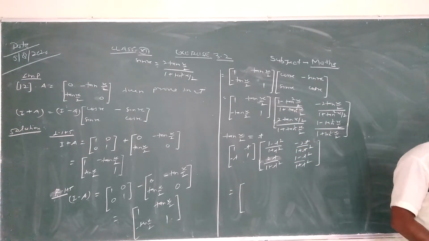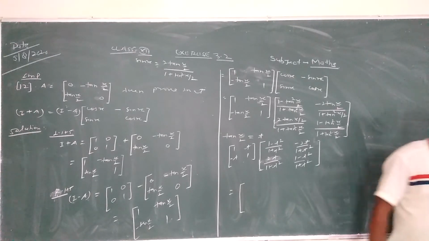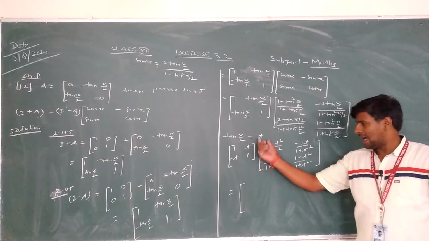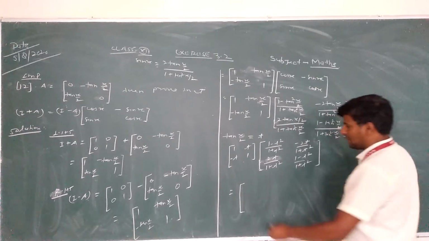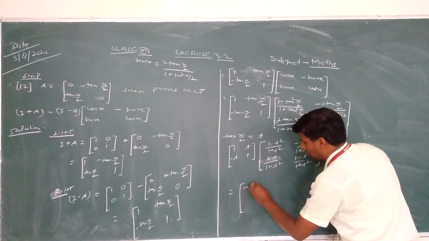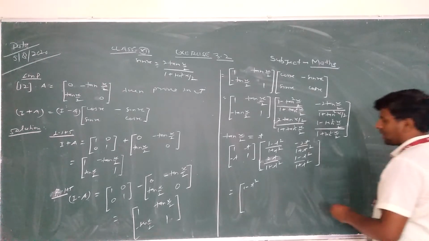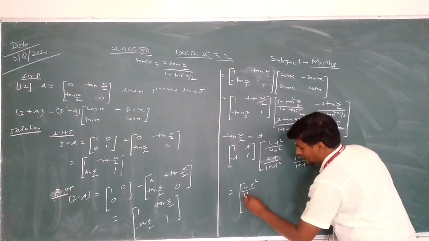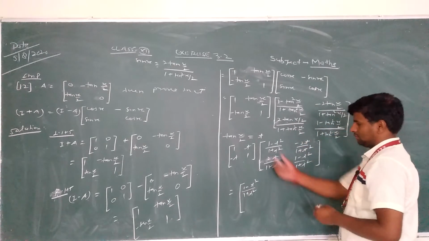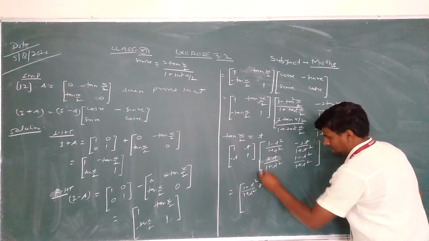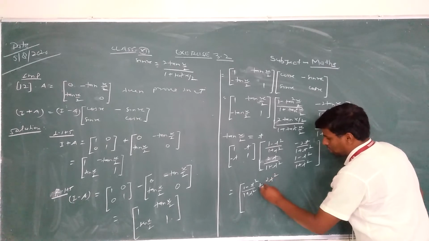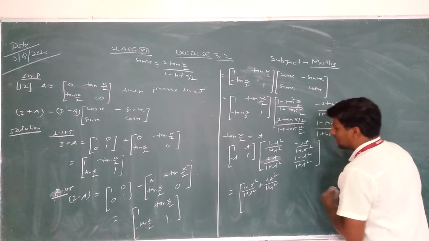How can we multiply? First we multiply the first row and first column. See, 1 minus t square by 1 plus t square, plus, for the first row, 2t square by 1 plus t square.